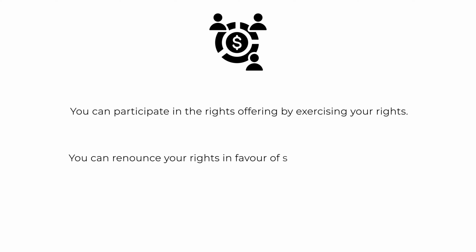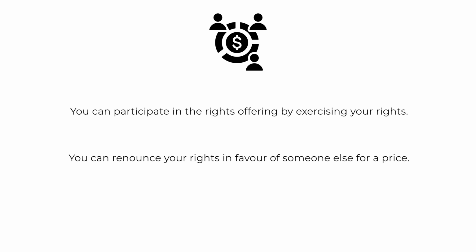As an existing shareholder of a rights issuing firm, you can do one of the following. First, you can participate in the rights offering by exercising your right. Second, you can renounce your rights in favor of someone else for a price.